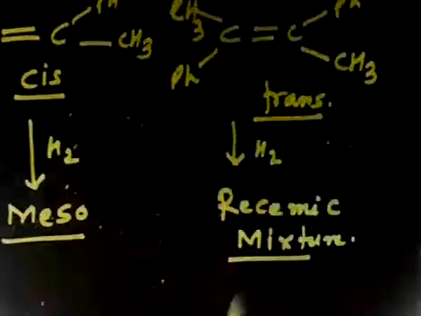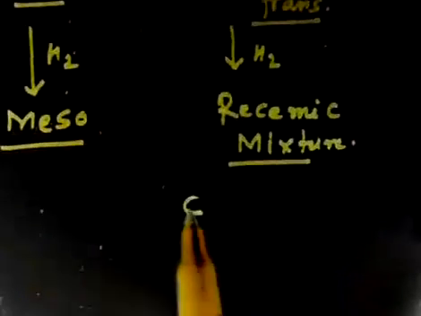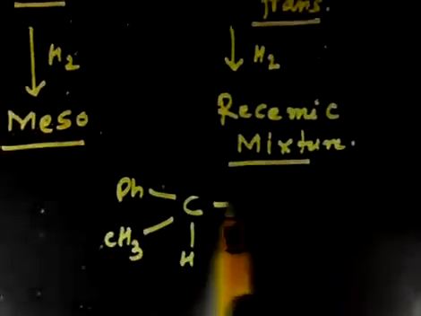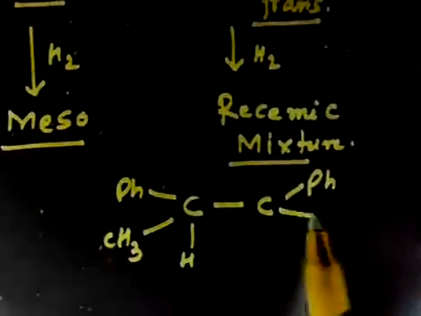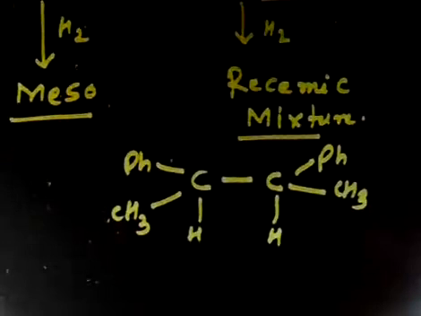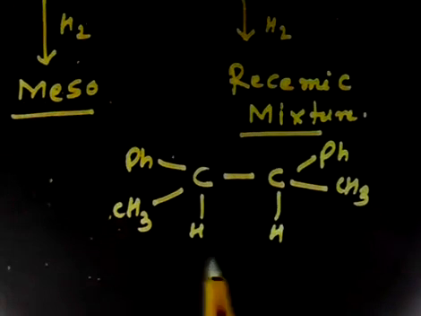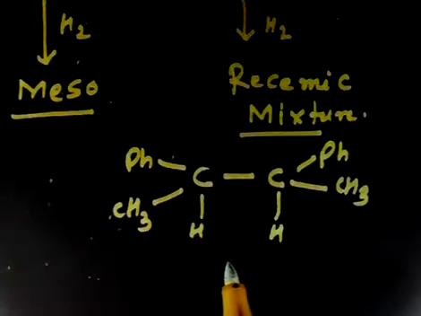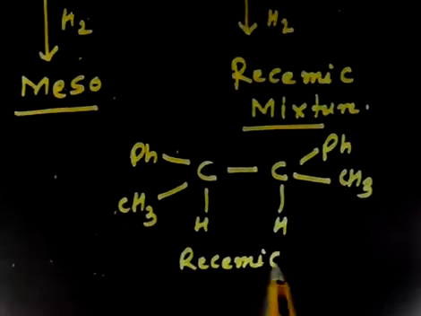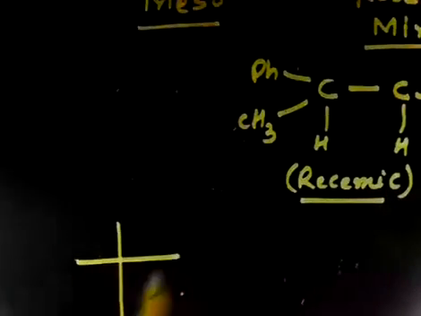So the product will be something like this, PhCH(CH3)CH(CH3)Ph. If you wish, you can draw the Fischer projection formula also. So this is a racemic mixture.